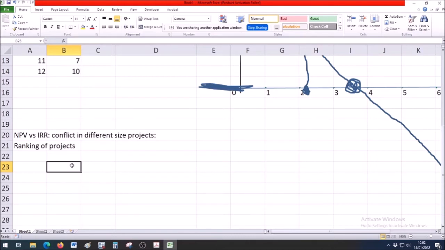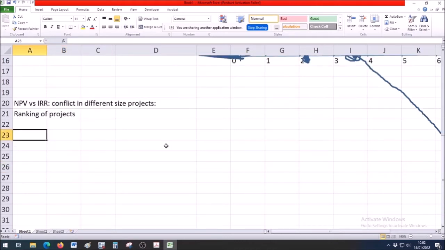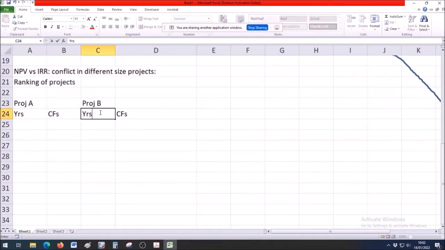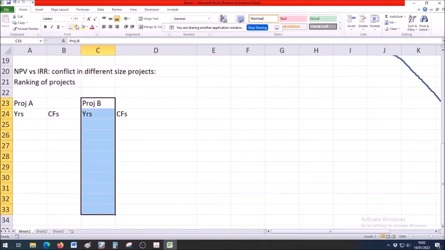Then there is a potential for some conflict between NPV and IRR. They don't have to conflict, but they may conflict. So you really need to understand this difference, right? Let's say project A, and let's say project B. Years, cash flows, maybe like that. Maybe we could even separate them too.